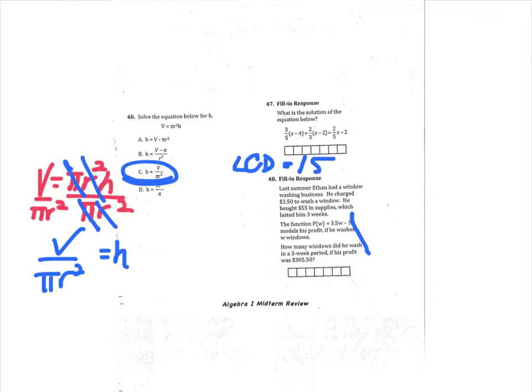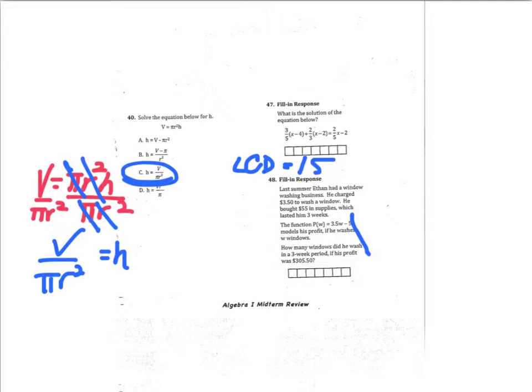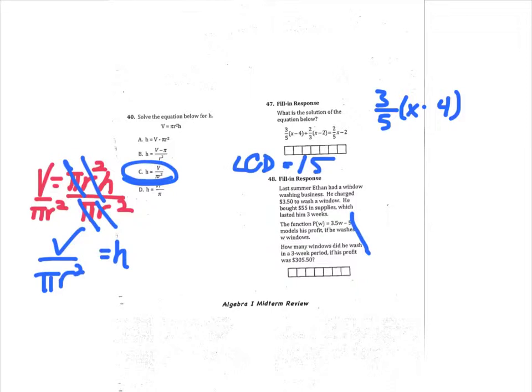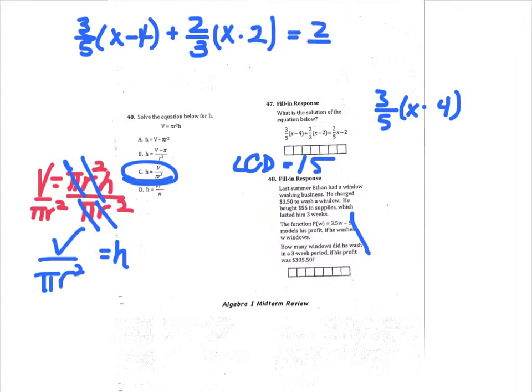So let me start over here and rewrite this: 3/5 (x minus 4) plus 2/3 (x minus 2) equals 2/5 x minus 2. No parentheses over here. So like I said, I'm going to multiply by 15.